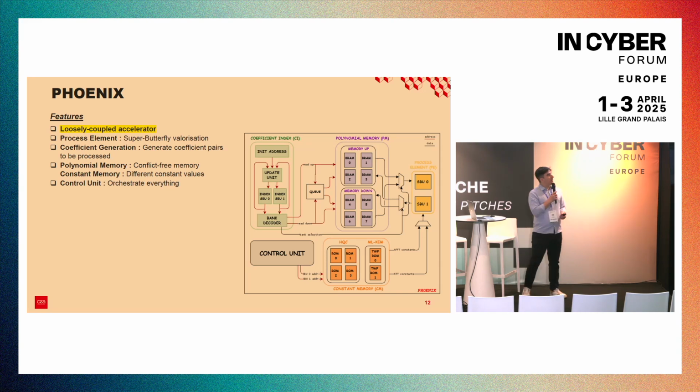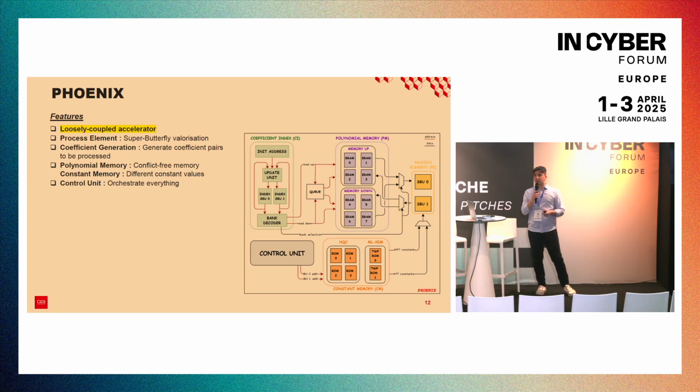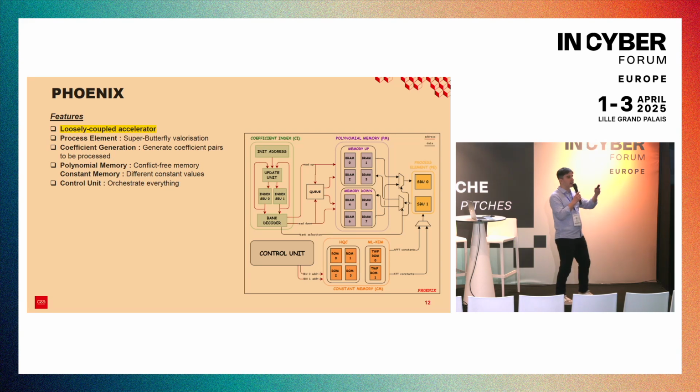Then we implement this super butterfly structure, and we integrate it in a more complex loosely coupled accelerator called Phoenix, which not only allows us to verify all the possible configurations that we estimate to be performed using the super butterfly, but also allows us to accelerate the entire FFT and the inverse FFT operations.